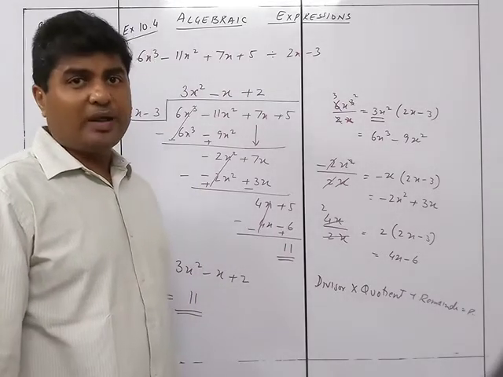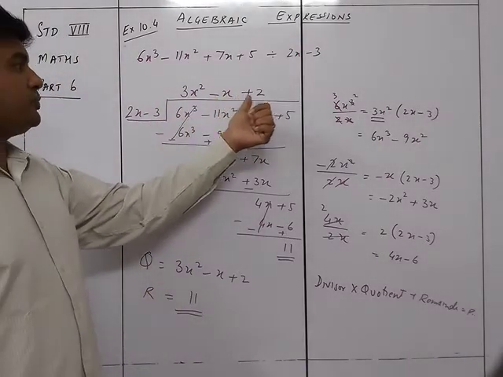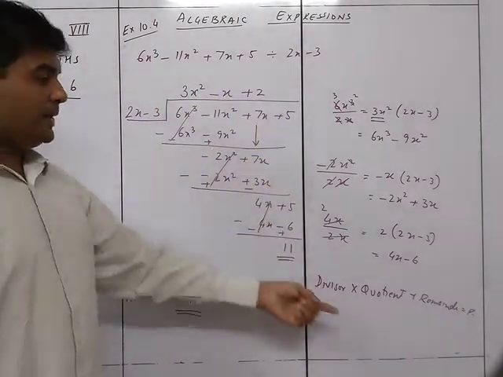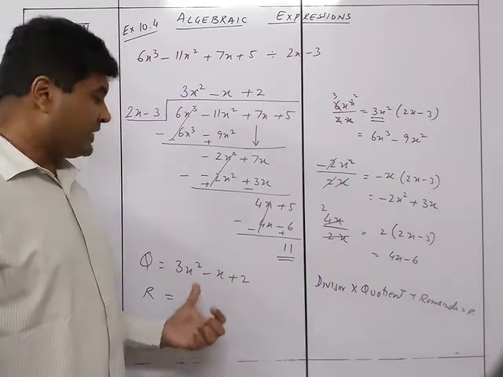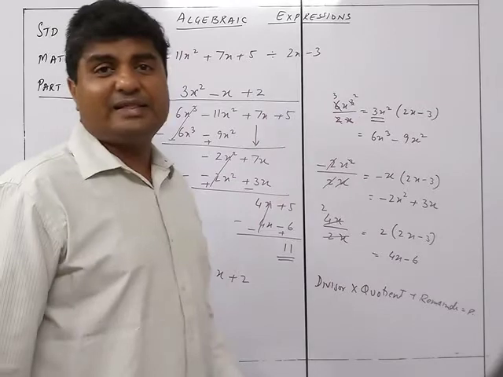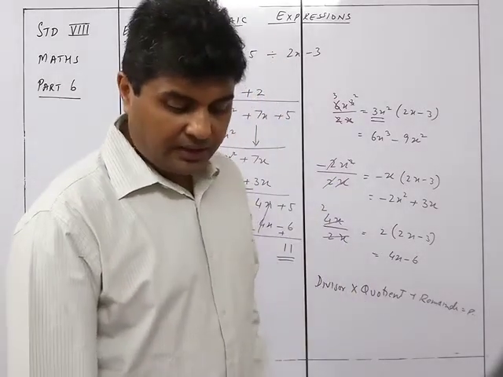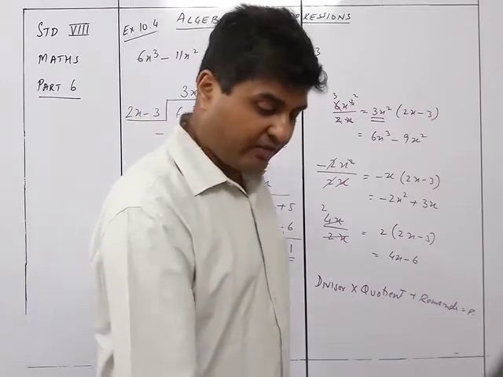You can do that multiplication: 2x minus 3 into 3x square minus x plus 2. Find the answer, then add 11. You'll get 6x cube minus 11x square plus 7x plus 5. If you get that, your answer is correct. So that is verification, in case you are asked to do it.